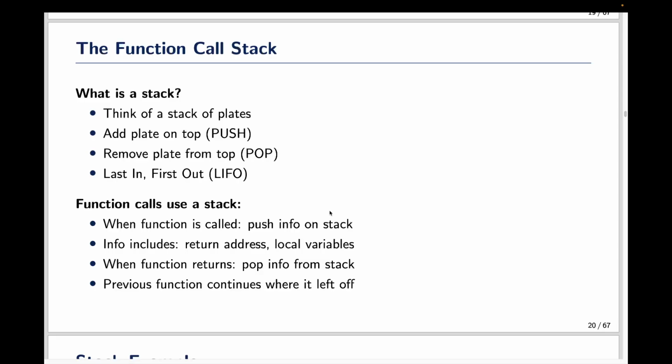If you start washing, the plate which you have kept on the extreme top is the one you will wash, the one you put there most recently. This is a kind of stack. In this stack, whatever you push latest is the first to come out. That kind of stack is called last in, first out, that is called LIFO.